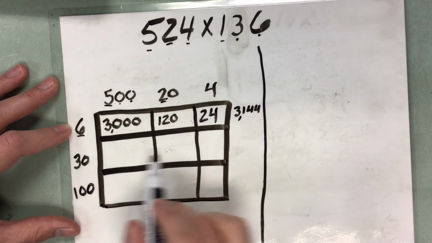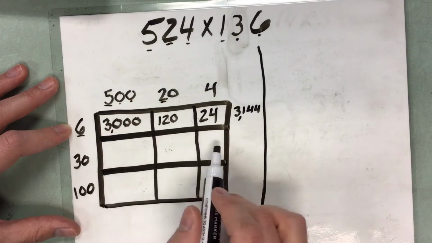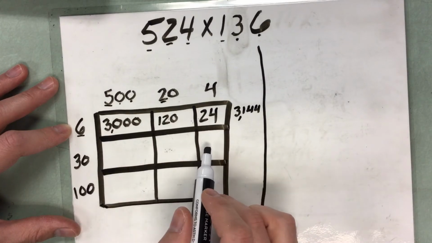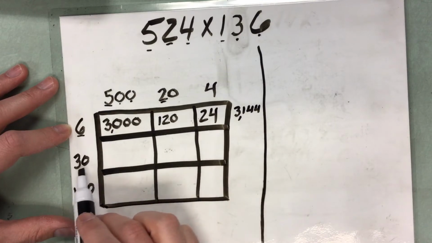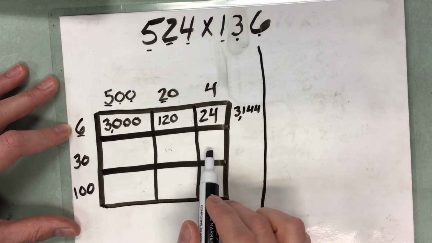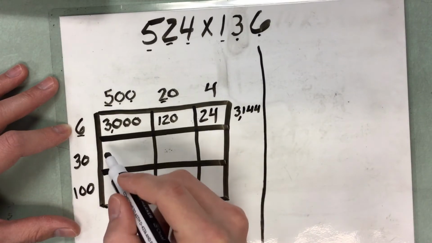Let's move on to our second row. What numbers do I need to multiply to find these 3 boxes? For this box, it's 30 times 500. For the middle box, it's 30 times 20. And for the final box, it's 30 times 4. Go ahead and work those out.